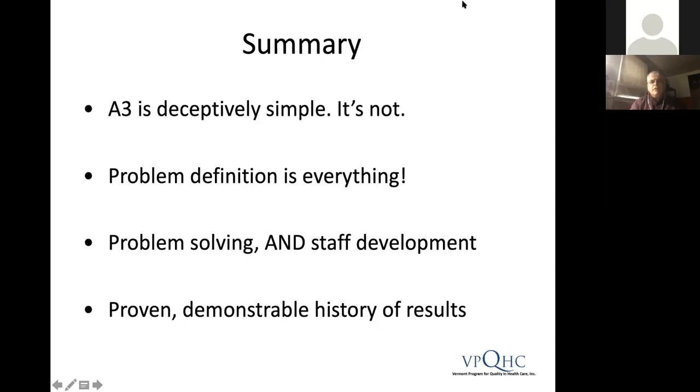We got one. For very complex problems such as timely discharge, can the A3 be used, or are there too many... I'm assuming you were going to say factors, but it didn't come through. Timely discharge is actually one that has been studied an awful lot. I'm assuming that you're talking about in a hospital environment.